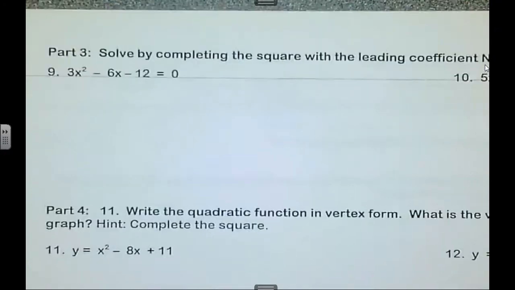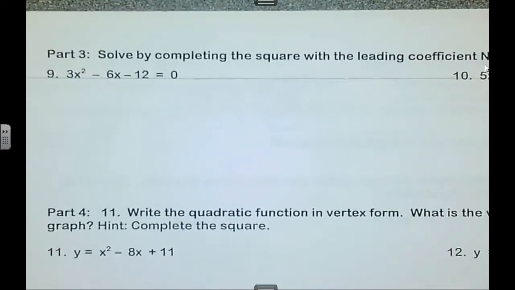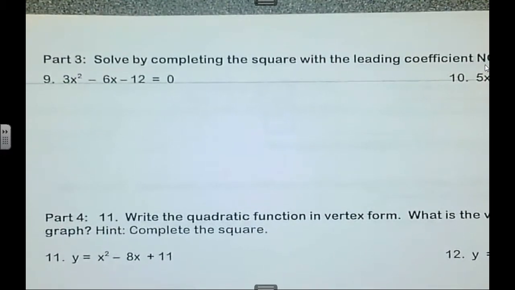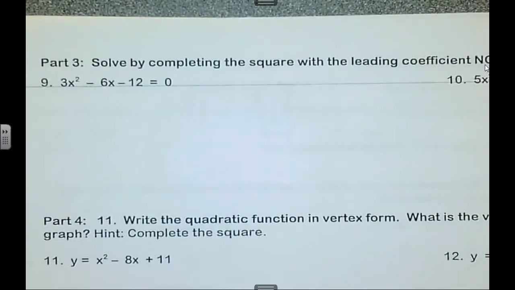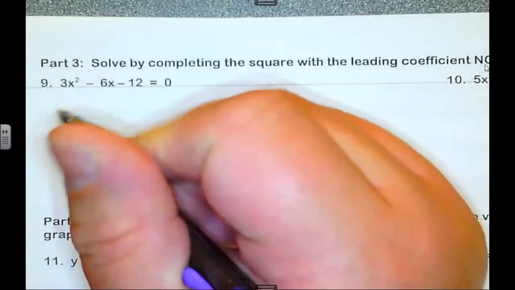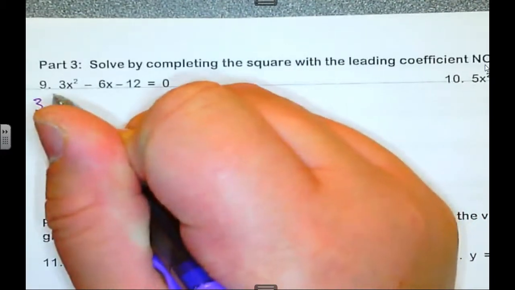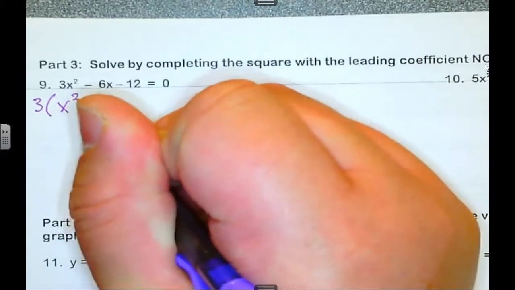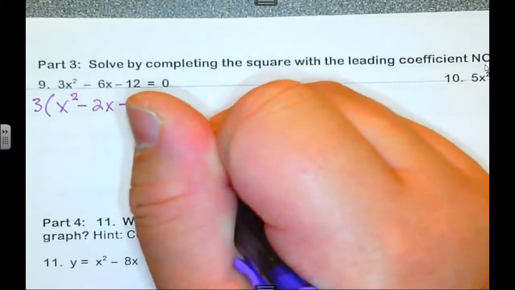Okay, let's continue on here. Part 3. This time my coefficient is not 1, so I'm going to make it 1. I am going to factor out a 3 so that I get x squared minus 2x minus 4.